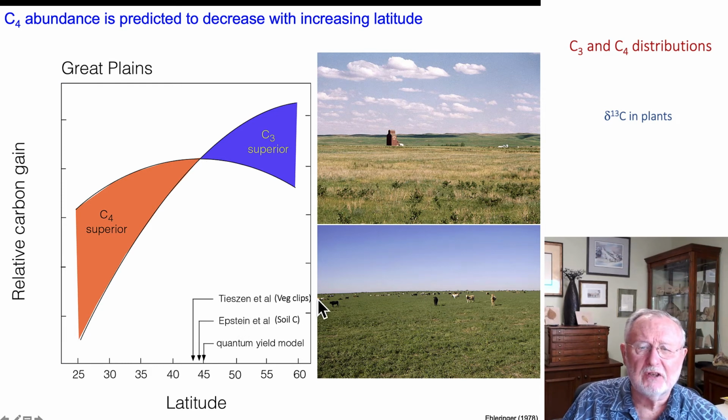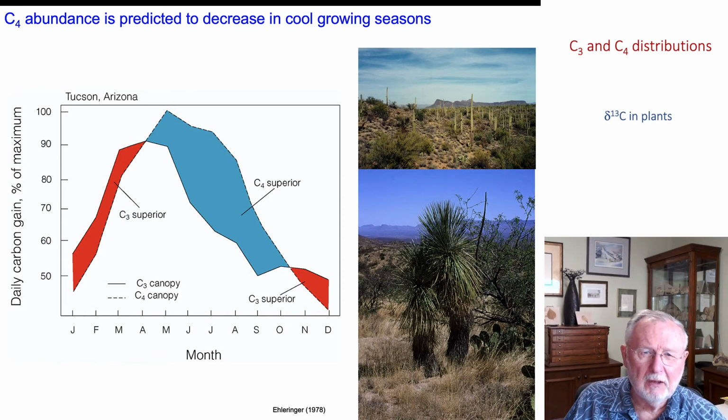The vegetation clipping studies from Larry Thiessen using USDA data, or Epstein using soil carbon data, show that the 50-50 point of C3 and C4 abundance is about 43 to 44 degrees, very close to that predicted by the quantum yield model.